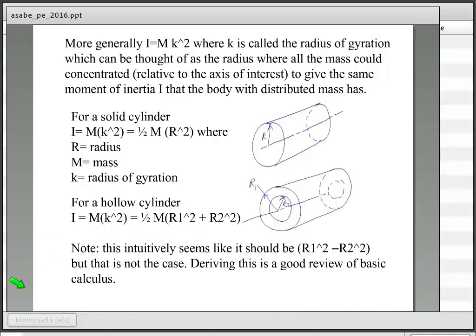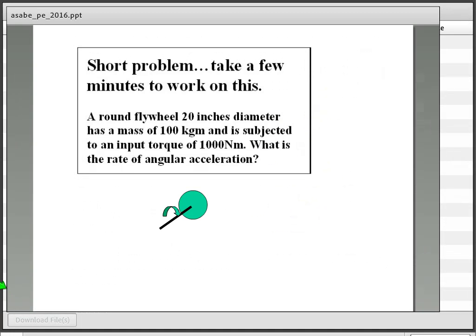So those are just some basic definitions. You can look in any handbook on mechanical design or physics book, and you'll see other formulas for standard shapes of objects, components.